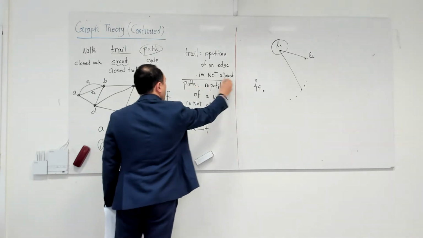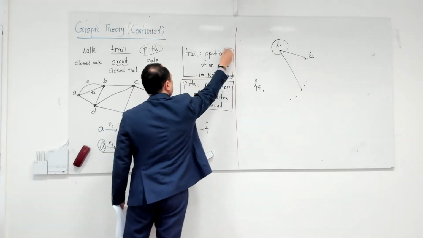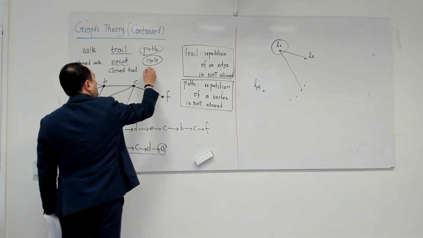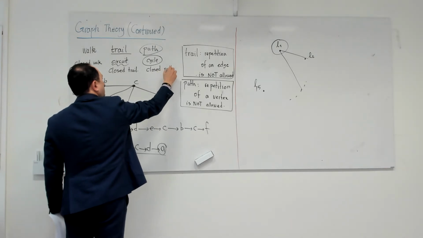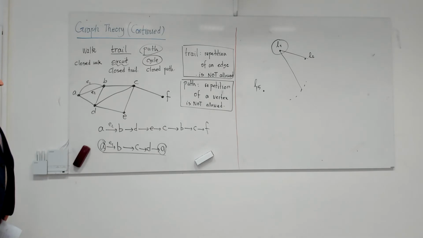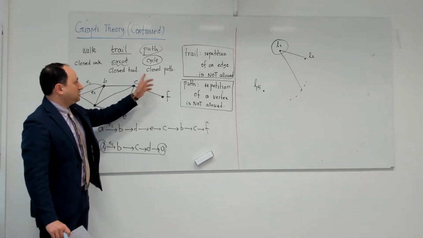So this is the path, and this is the trail. Okay? And if I ask you what is cycle, you would say closed path. But one thing that I want to mention here, you might have a little bit of confusion.